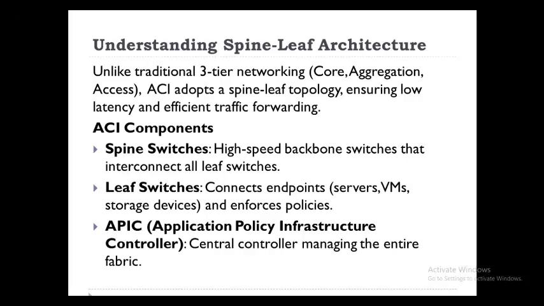We call the hosts endpoints. Spine switches need to be really fast because they are the transit device for all the leaves. Between the leaves, the spine is always there. There is no direct leaf to leaf connection allowed. It's always through the spine.